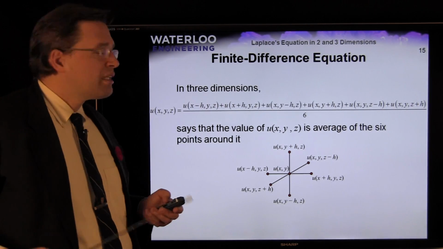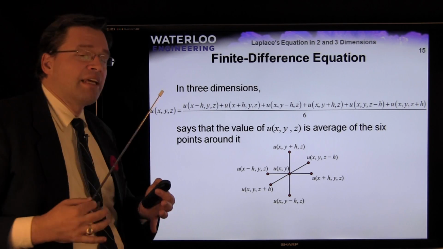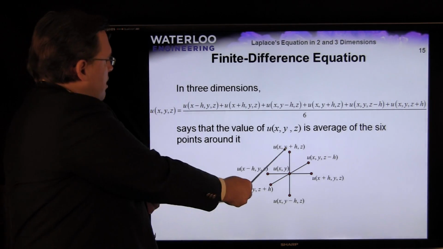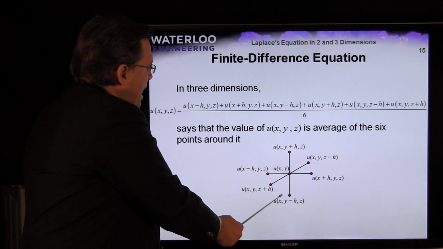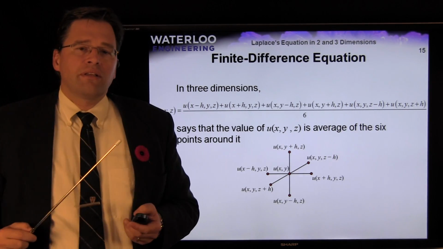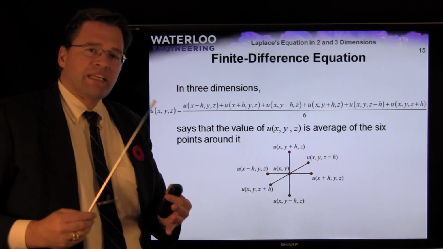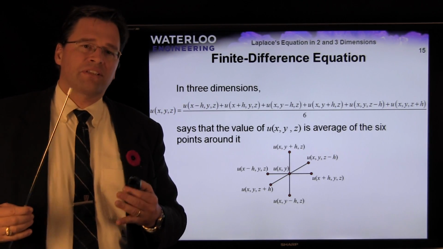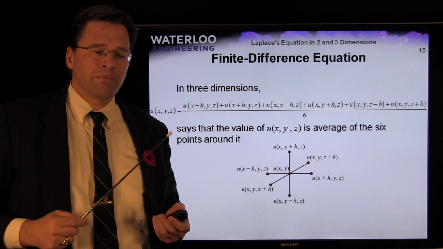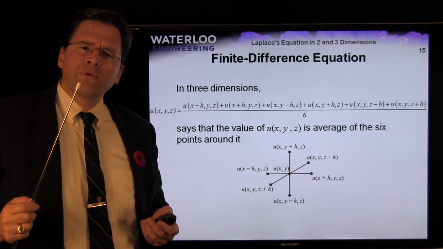In 3 dimensions, it's essentially the same thing. This value has to be the average of the points around it. If it is not, we are not in a steady state, and therefore we do not have a solution to Laplace's equation. But this is only an approximation.